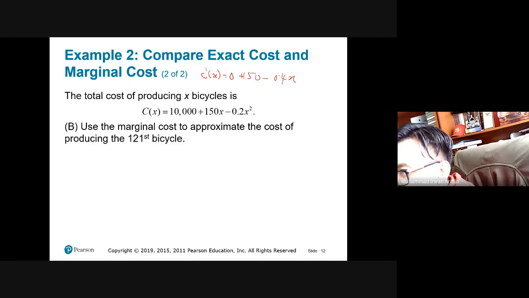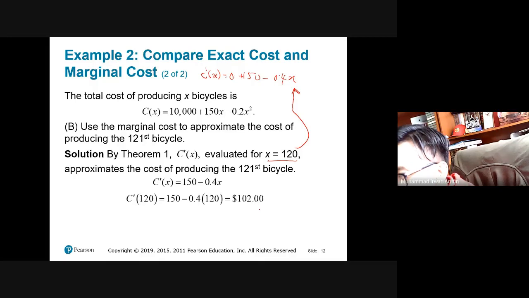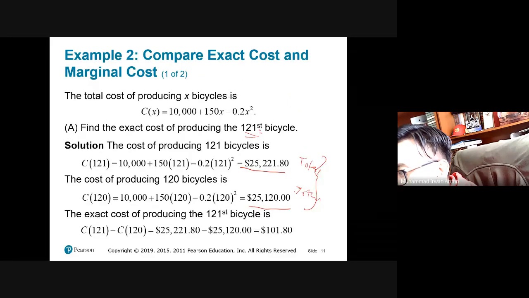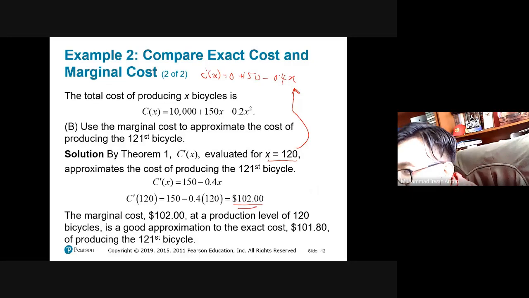Now next, we simply put x equals 120, so plug this in to here. What we'll have is 102. So 102 compared to 101 and 80 cent, the difference is 20 cent. So it is a good approximation of the exact cost.